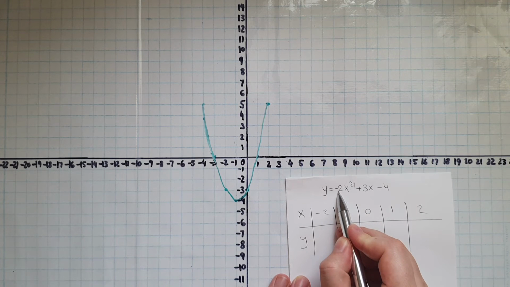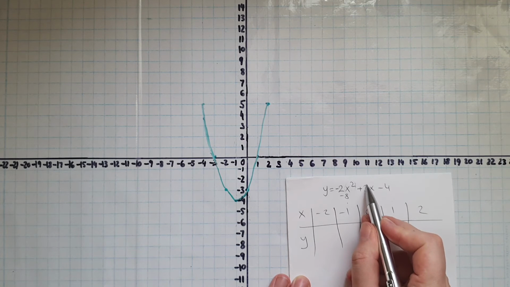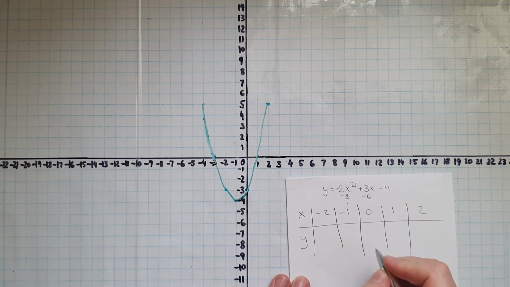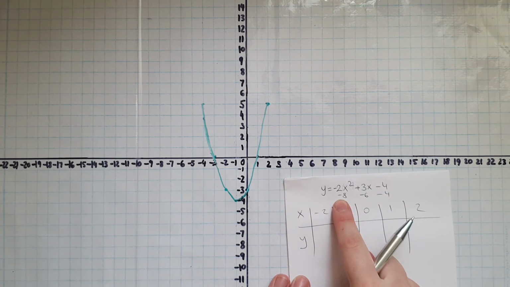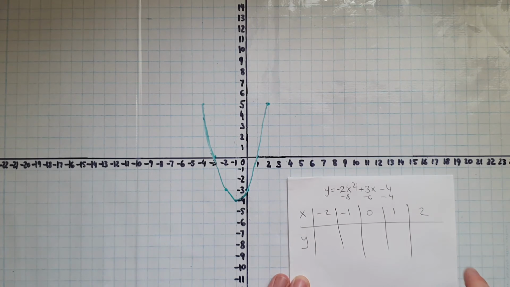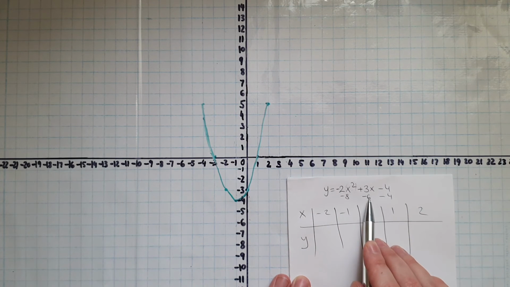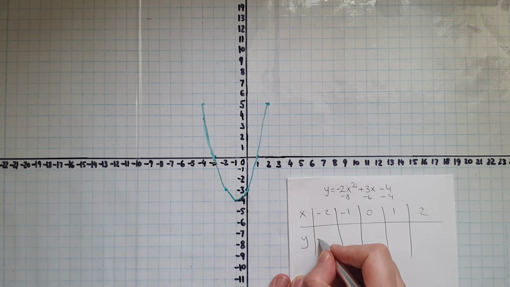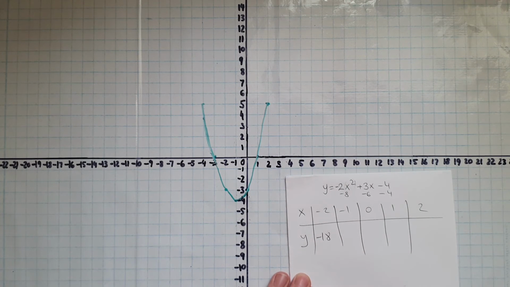So 4 times -2 gives us -8. -2 times 3 gives us -6. Take away 4. So these are all negatives. So we can go 8 and 6 is 14, and the 4 is 18, so negative 18, because they're all negative numbers.